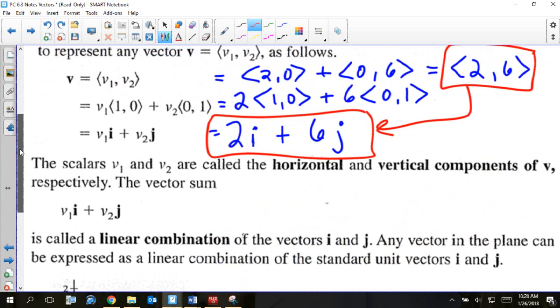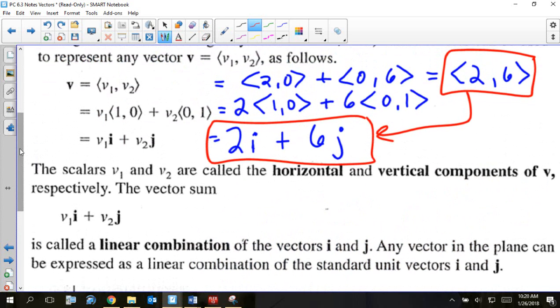Sorry, go ahead. So if all of the i and the j next to whatever is always equal to. Yeah, these are equal to each other. And that's because the unit vector, you're basically taking out a scalar from it and saying this is a scalar multiplied by a unit vector. And we don't have to write the unit vector because we already know that i is that every time.